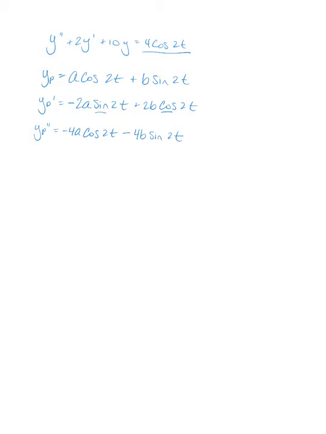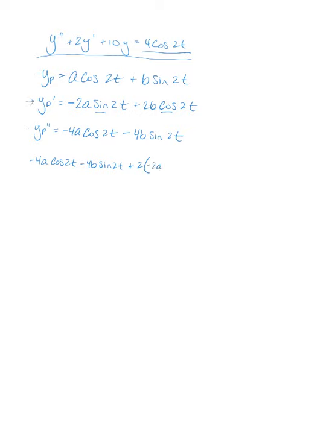So I've got y prime, y double prime. I'm going to plug them all into the original differential equation. So y double prime is negative 4a cosine 2t minus 4b sine 2t plus 2y prime. So I'm going to plug in this equation for y prime.